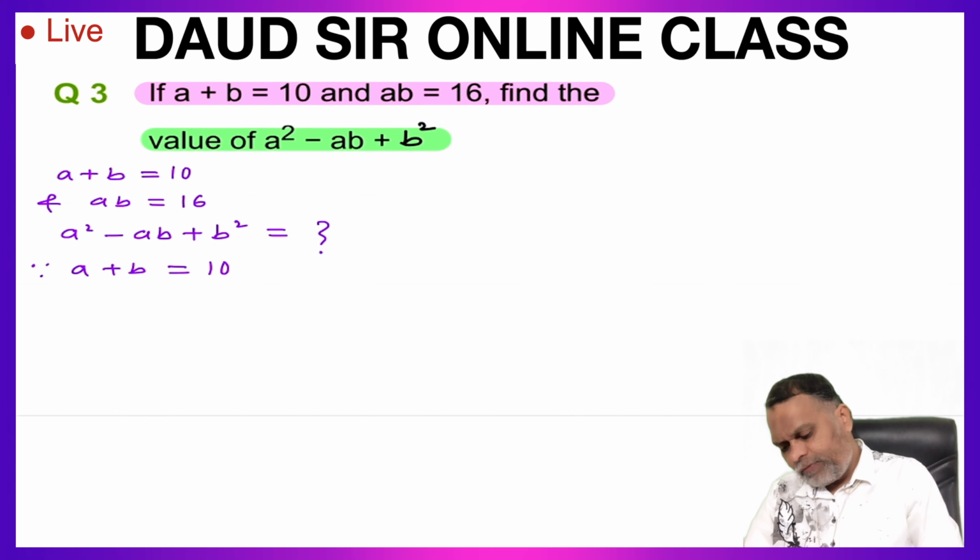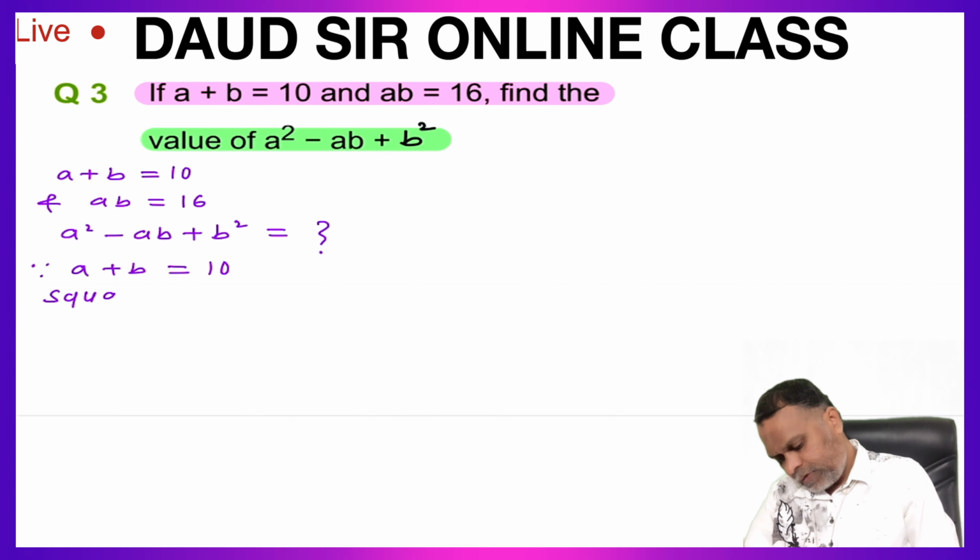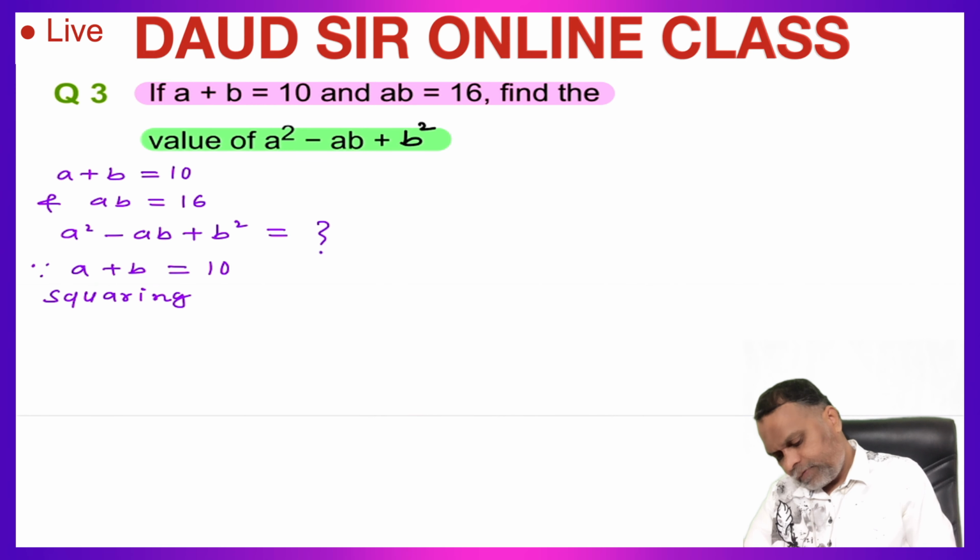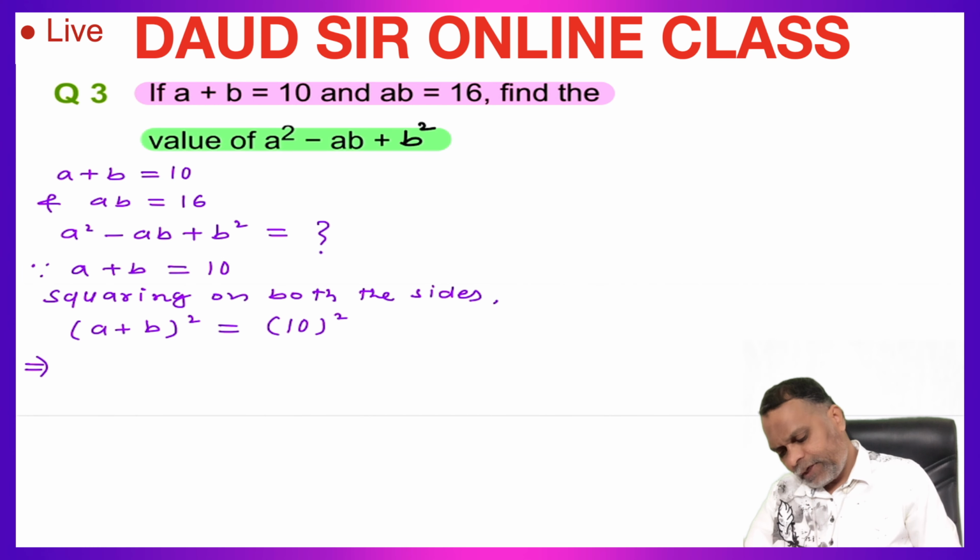So squaring on both sides, a plus b whole square is equal to 10 square. Apply the identity a plus b whole square: a square plus 2ab plus b square is equal to 10 square, 100.